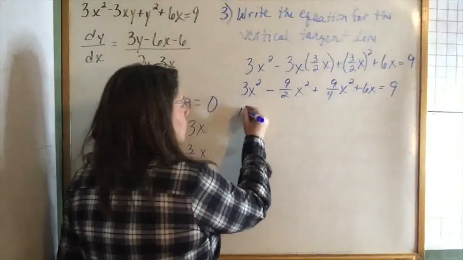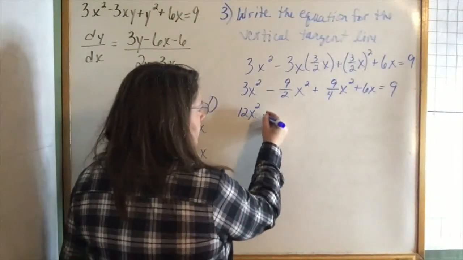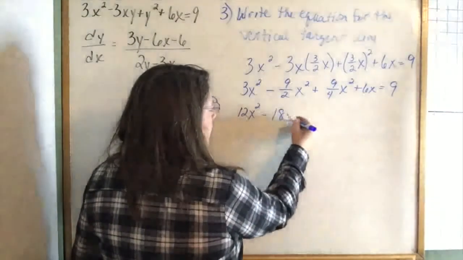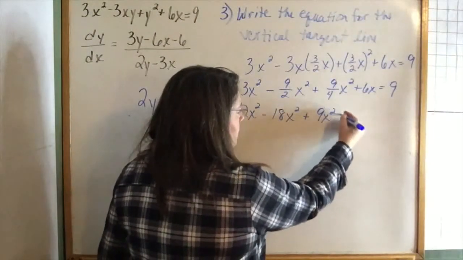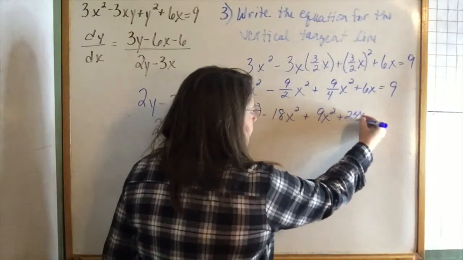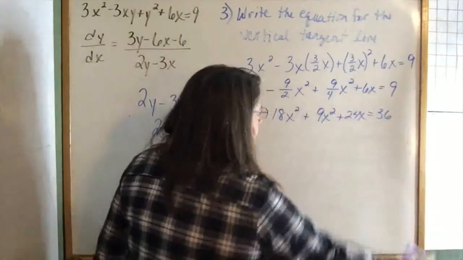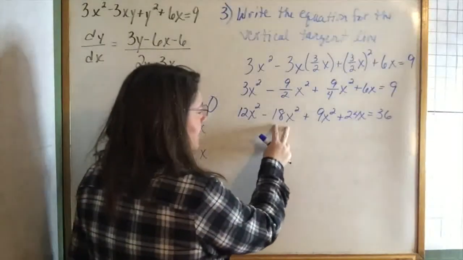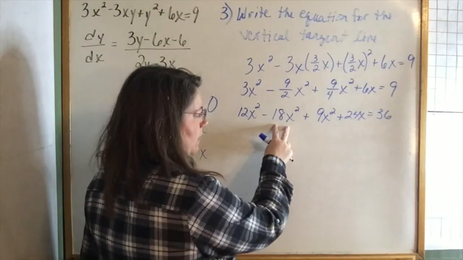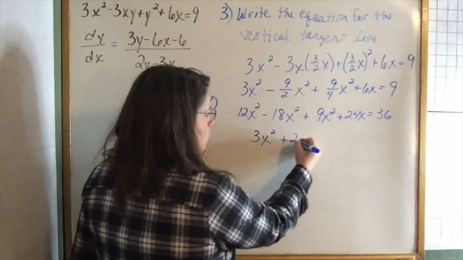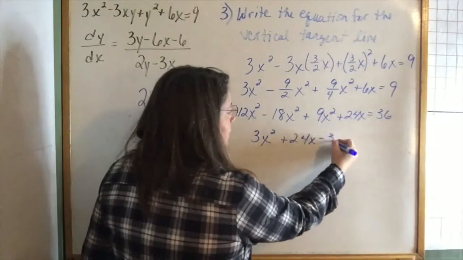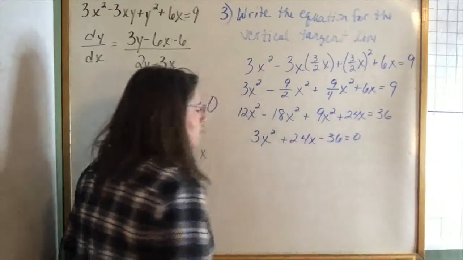So if I multiply by 4, I have 12x squared minus 18x squared plus 9x squared plus 24x equals 36. So 12x squared minus 18x squared is negative 6x squared, plus 9x squared would be 3x squared, plus 24x minus 36 will equal 0.